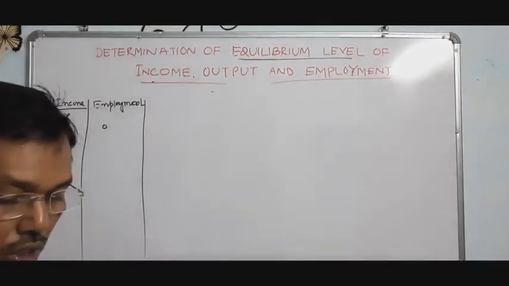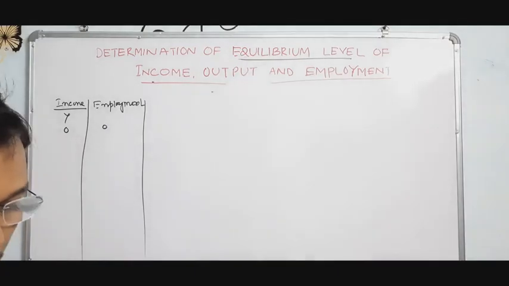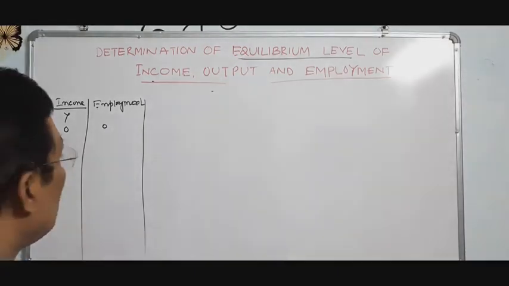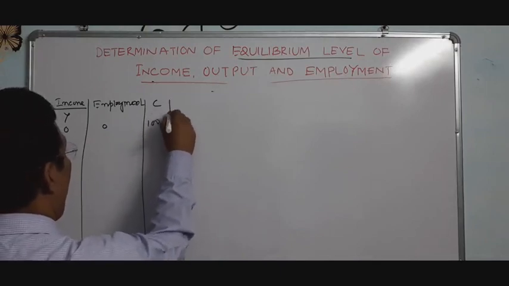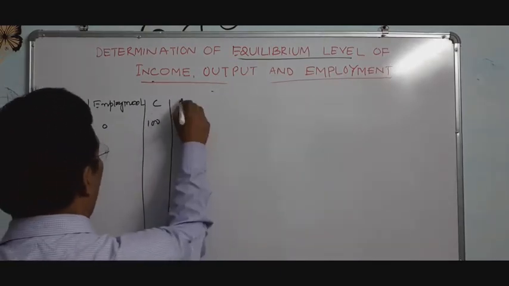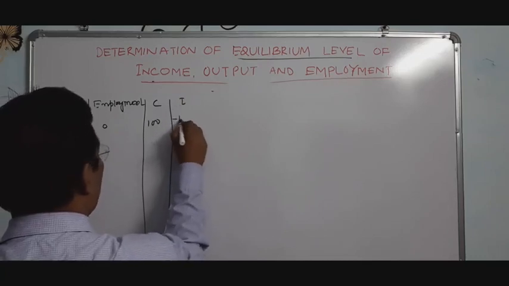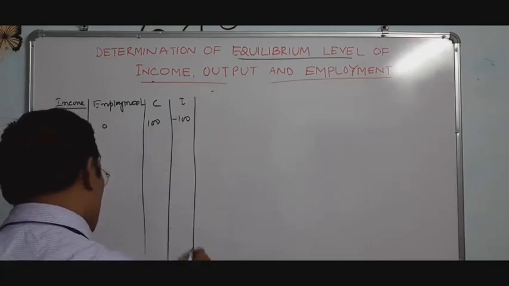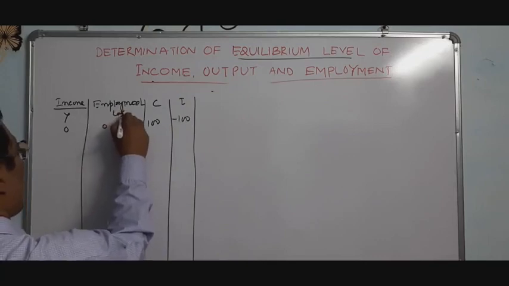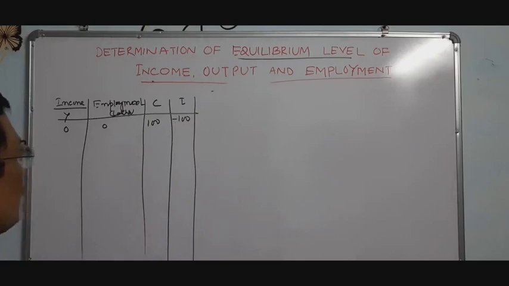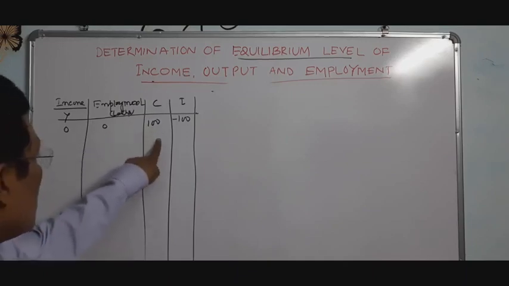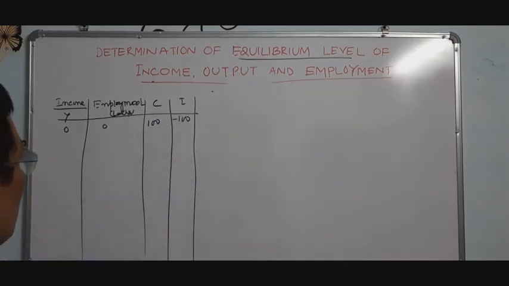Consumption expenditure C is 100 and I is 100 crores of rupees. Employment is in lakhs. Income is 0, employment is 0 lakh, consumption is 100 and investment is 100.